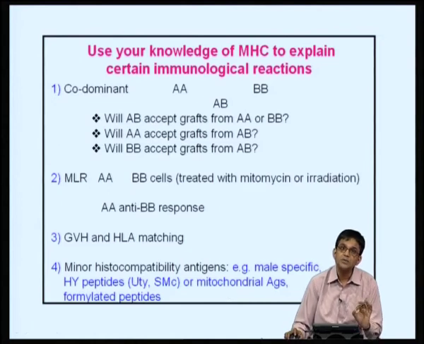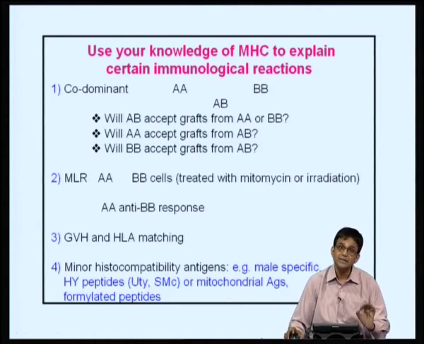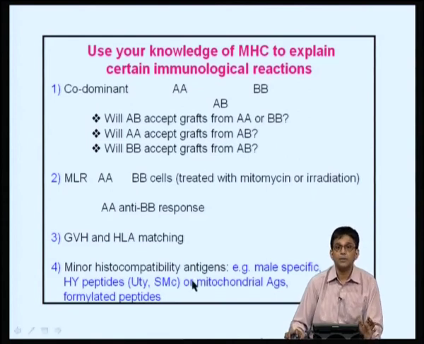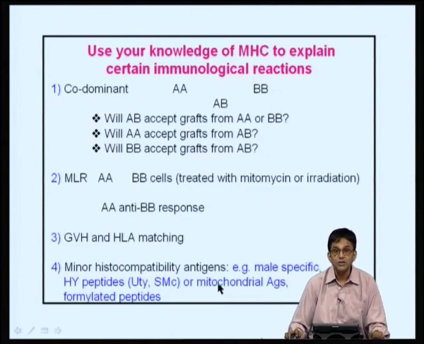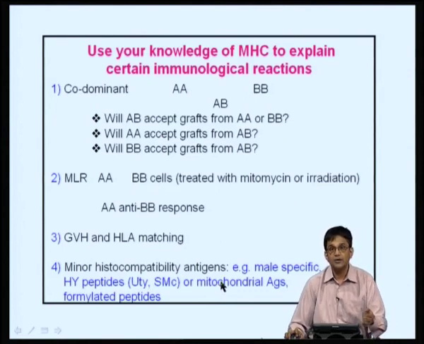Again, the response is very small and delayed, it takes a much longer time, but these need to be differentiated from the major histocompatibility complex antigens, which are the dominant players. The minor histocompatibility antigens are usually peptides encoded by proteins in the Y chromosome, or mitochondrial antigens, and if you remember, the mitochondria is transmitted primarily from the mother.